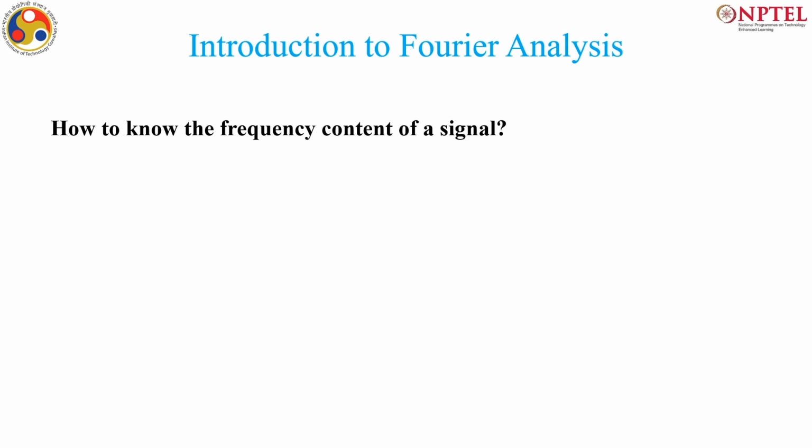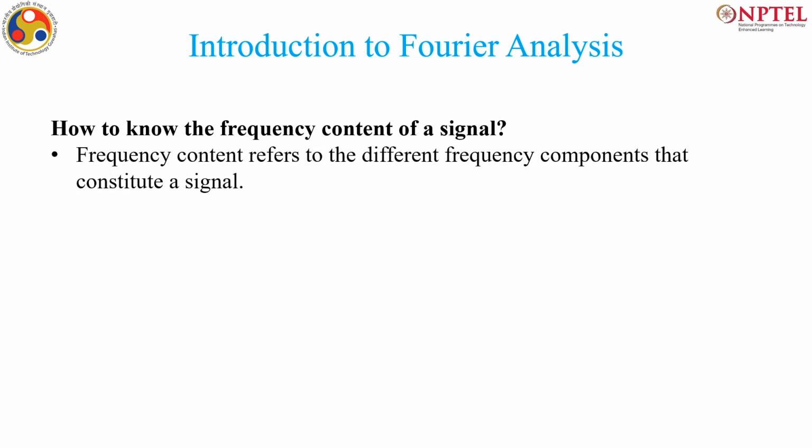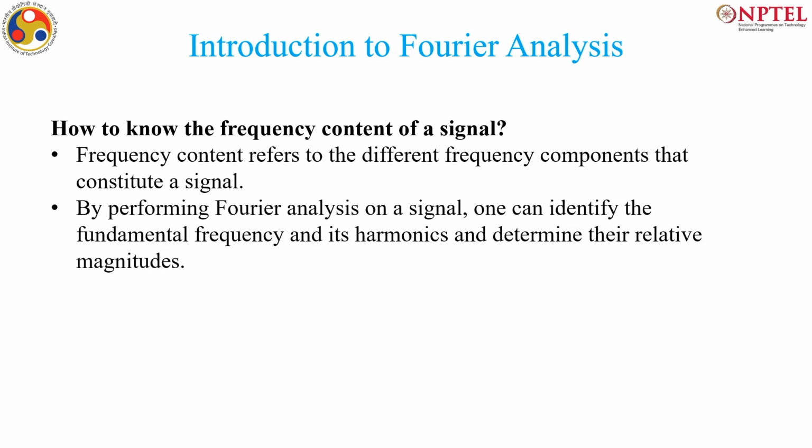This introduces us to Fourier analysis, that is, how to know the frequency content of a signal. As I said, frequency content refers to the different frequency components that constitute the signal. If we perform a Fourier analysis on a signal, then we can get the fundamental frequency and the harmonics, which are basically multiples of the fundamental frequency, and these collectively form the complete signal.